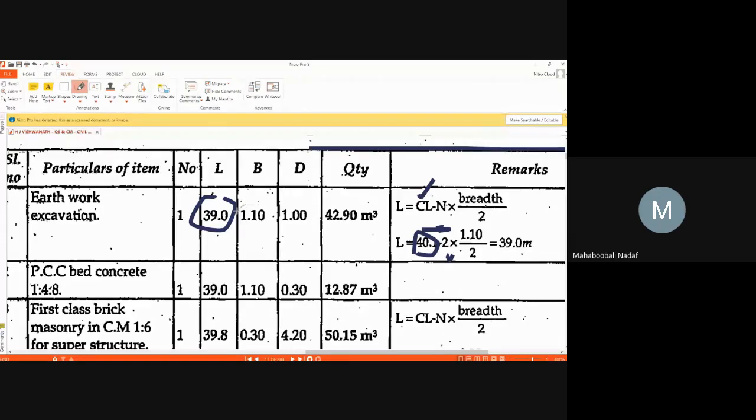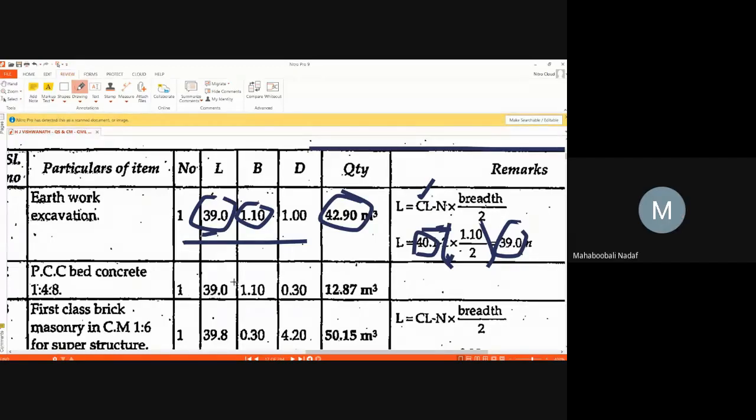The width of that item is 1.1. So inside this bracket, 2 into 1.1 by 2. So 40.1 minus this, you are getting 39. Yes or no? You are getting 39. Once you got this 39, you multiply all these things and get the quantity.